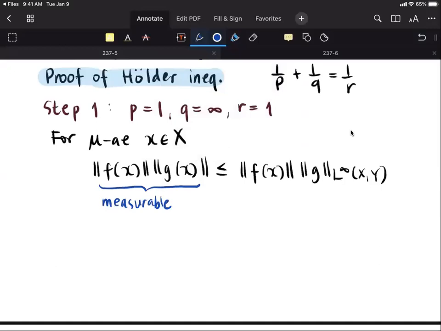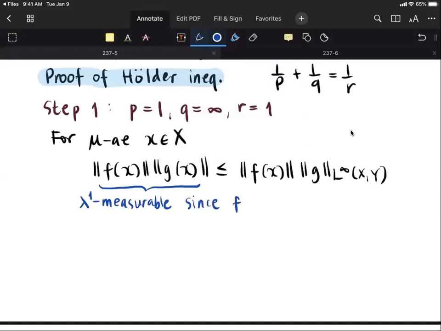Here by measurable, we mean with respect to the Lebesgue measure, because we are now taking the norm in Y, Lebesgue measure in R. So if we denote the Lebesgue measure by lambda 1, this is lambda 1 measurable, where lambda 1 is the Lebesgue measure in R.